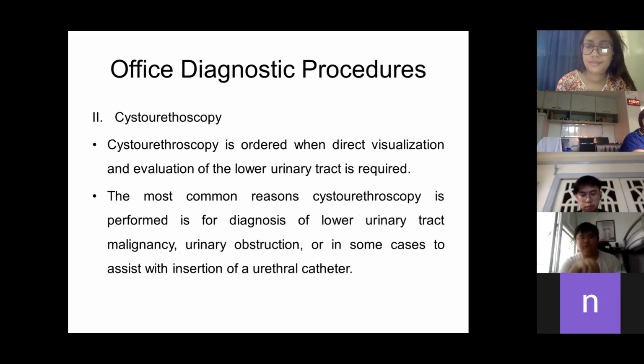Then cystourethroscopy. It is ordered when direct visualization and evaluation of the lower urinary tract is required. The most common reason is to diagnose lower urinary tract malignancy, obstruction, or other cases, and to assist with insertion of a urethral catheter.